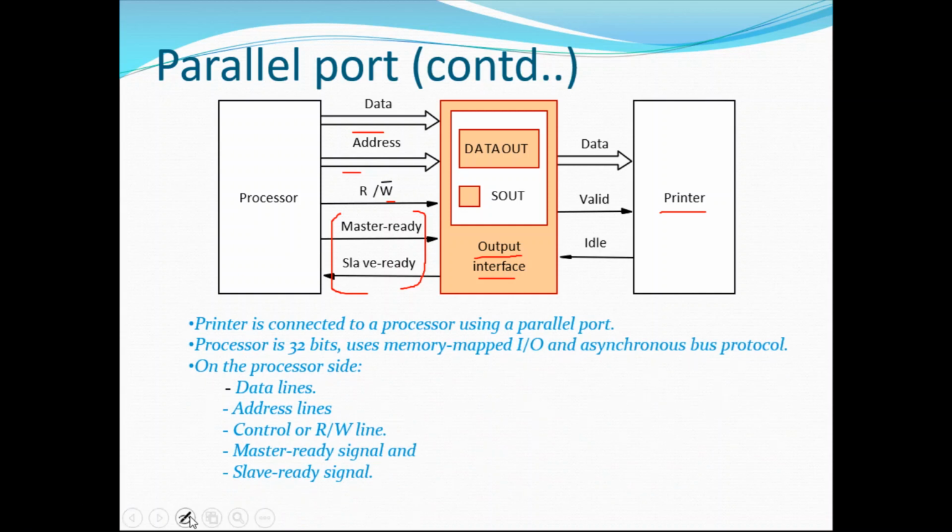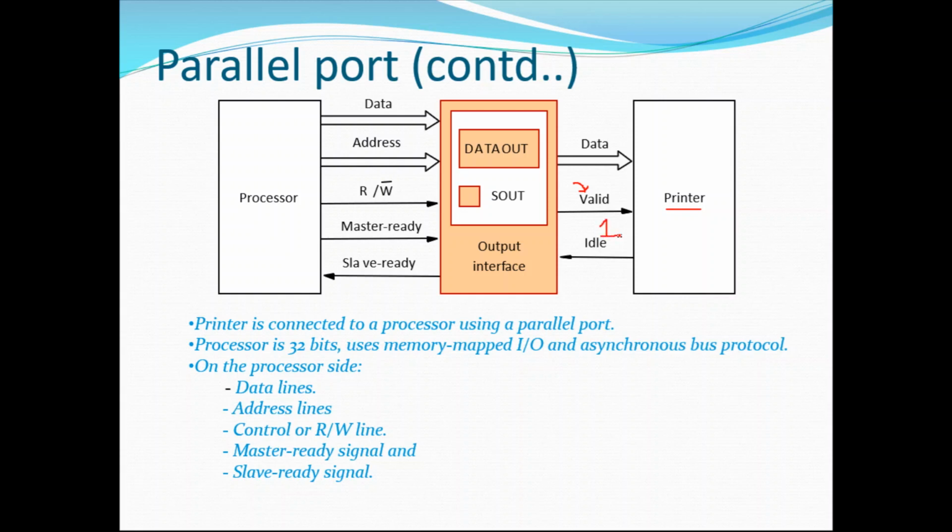Fine. So coming to writing something to a device on a parallel port, what will happen? If the printer is idle, here the printer uses two handshake signals. One is called idle, the other is called valid. If the printer is not printing anything, it will set the idle bit to 1.